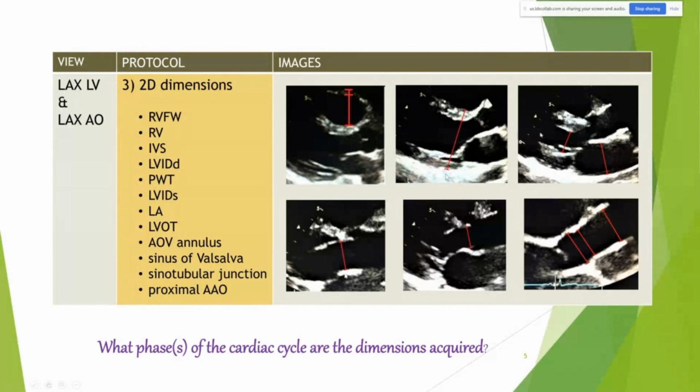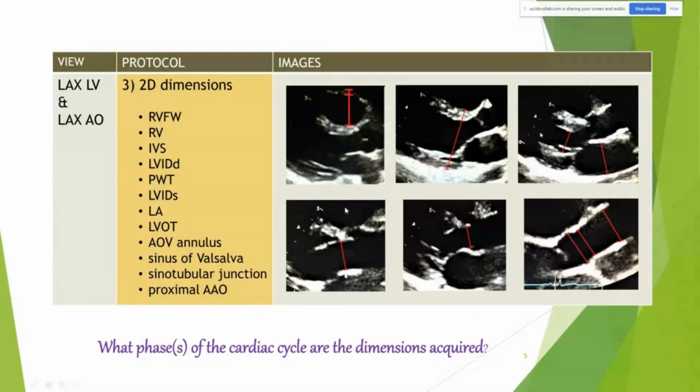That's your end-diastole. In systole, you will measure your left ventricular internal dimension in systole from here to here, and you will measure your left atrium from here to here. But the left atrial measurement should be done leading edge to leading edge. The rest of these are inner edge to inner edge.